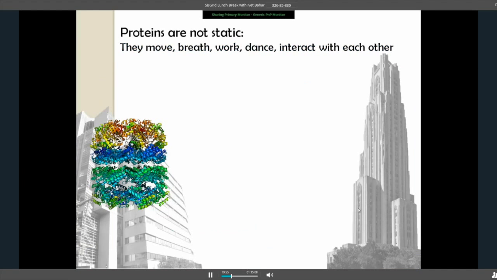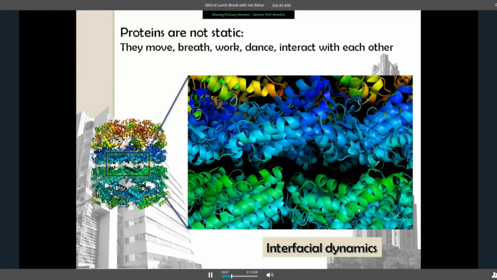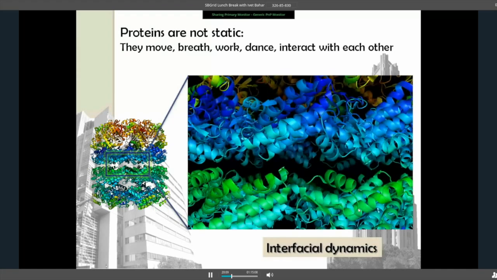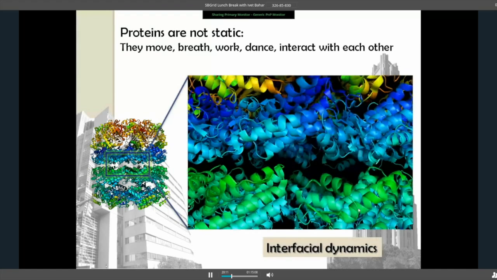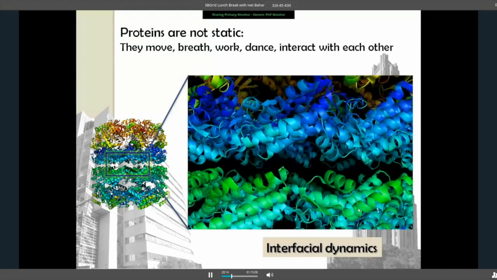So the whole idea is the following. The proteins are not static, as we know. They move, breathe, they work, they dance, if you like, and they interact with each other. Here I'm showing a molecular chaperone, the bacterial chaperone GroEL, some of you may be familiar with.